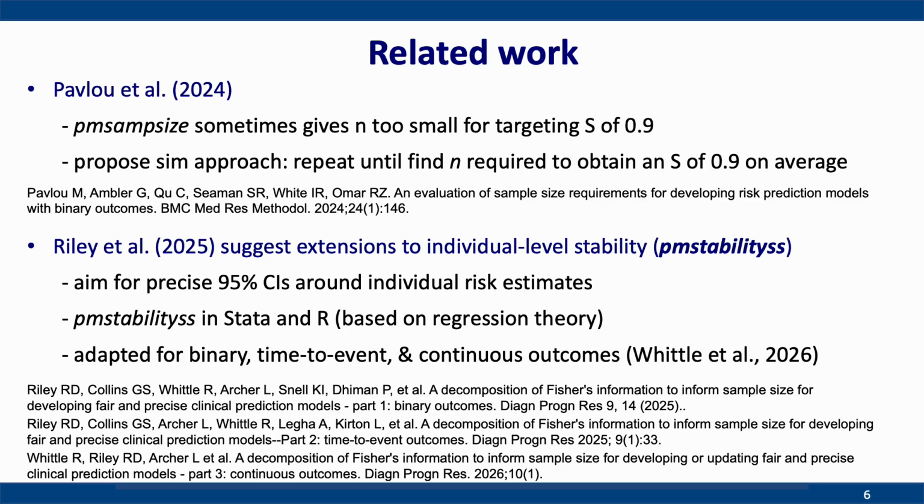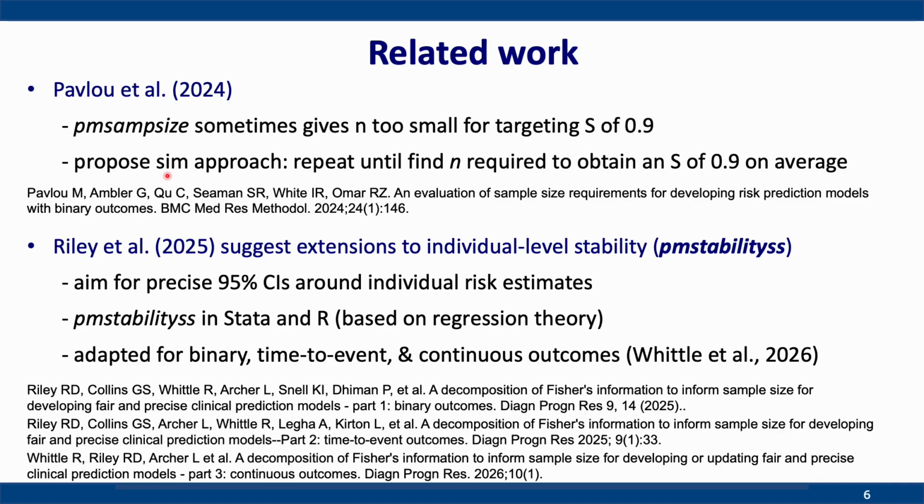But it's not perfect, and this was shown in a really nice paper by Pavlou et al. in 2024: the calculations behind pmsampsize sometimes give a minimum sample size that is too small. For example, the closed form solutions that give you a target sample size to ensure that the shrinkage factor S is 0.9 are sometimes not a good approximation.